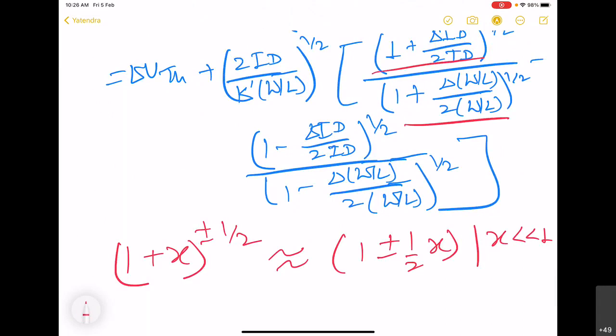So this will become (1 plus x) raised to the power minus 1 by 2, right?